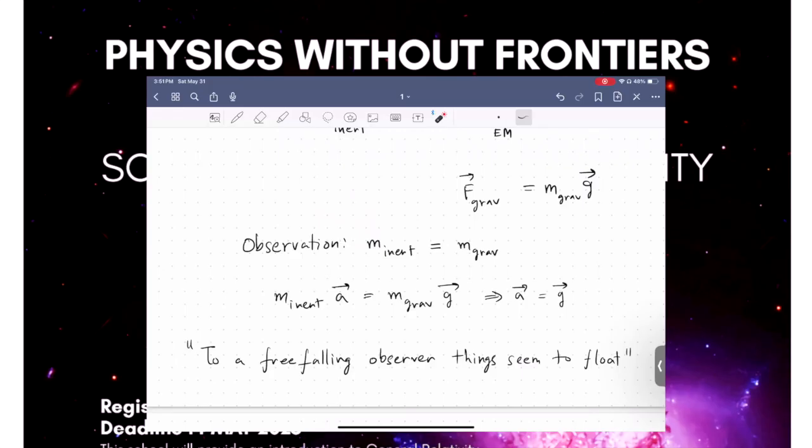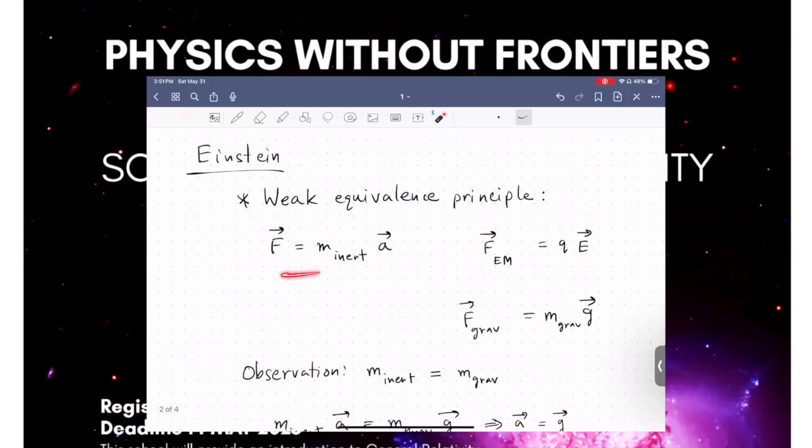But then, of course, now we know that the reason is that these 2 are, in fact, coming from the same origin. Gravity is not, in fact, a force. Rather, it describes the geometry of your space-time.